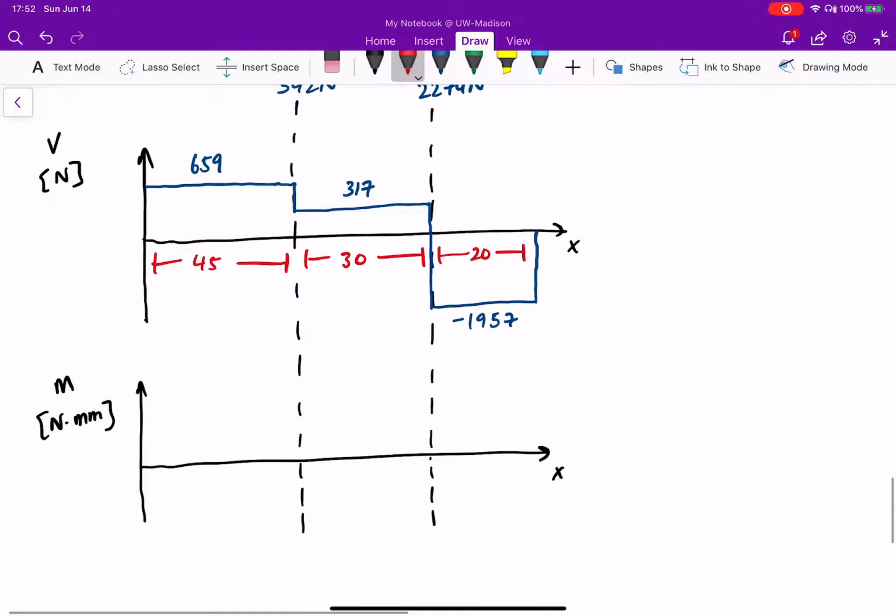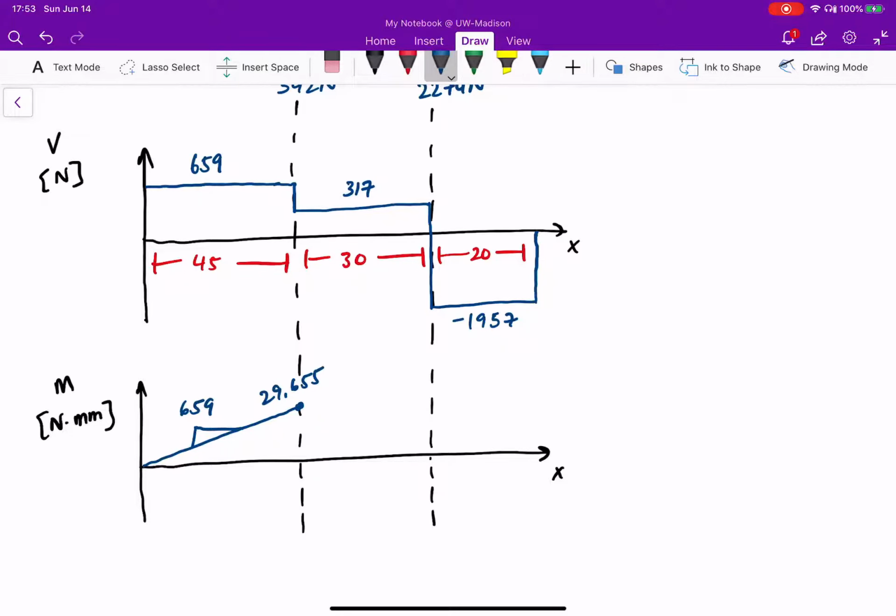So we have 659 times 45 in the positive. So this is 659 for a distance of 45. The product is 29,655.